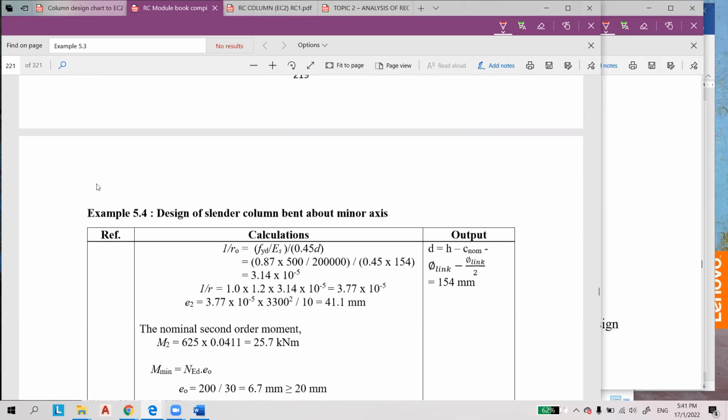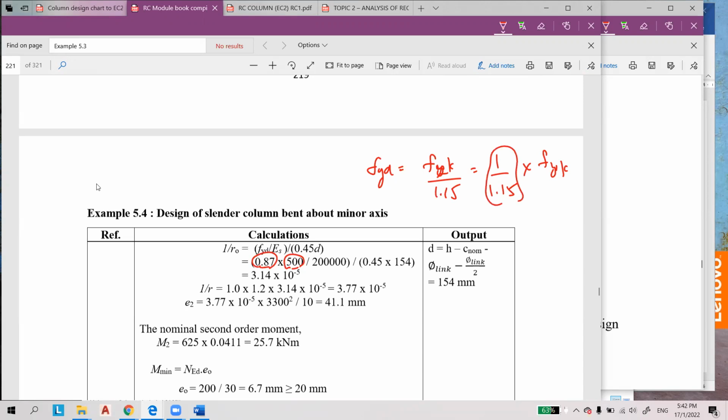FYD is equal to FYK divided by the partial factor of 1.15, so it's 1 over 1.15 times FYK. FYK is 500. Then this is 1 over 1.15.